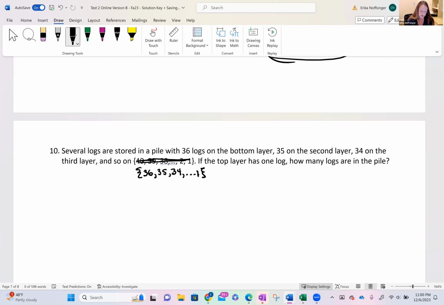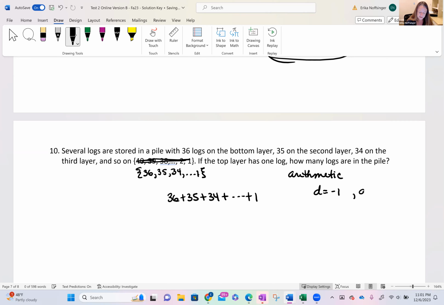So technically I'm looking at 36 plus 35 plus 34 plus ... plus 1. I notice that this is an arithmetic sequence because technically I'm subtracting 1 from a term to get to the next term. And so my common difference here is -1.